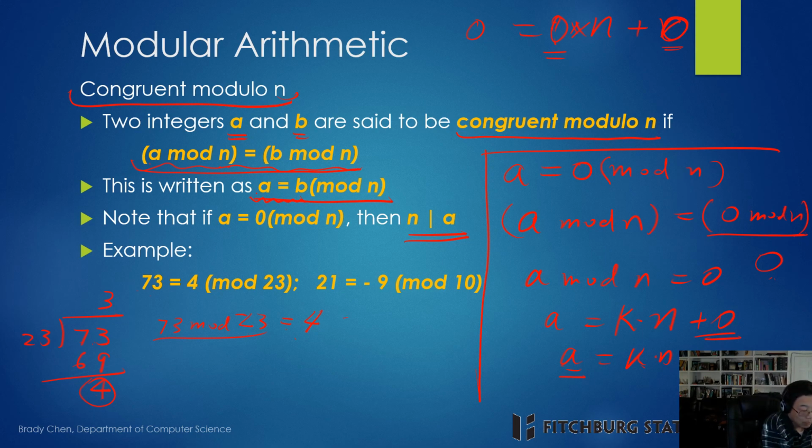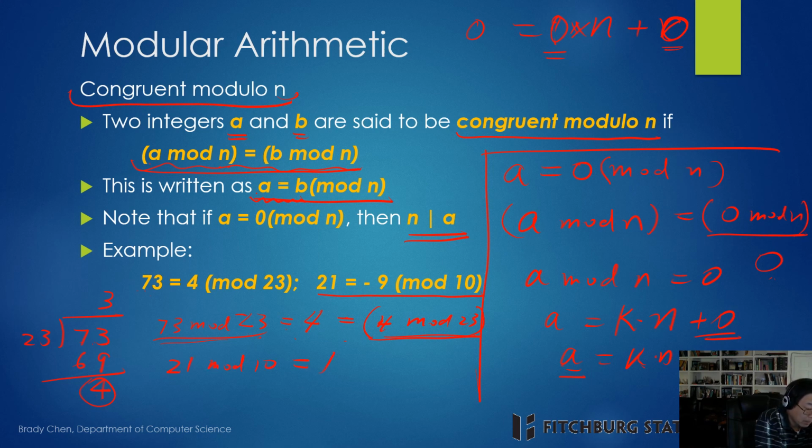Now, what is this 4? 4 is actually 4 mod 23. So 73 mod 23 equals 4 mod 23. That basically means 73 is congruent with 4 mod 23. Now, similarly, we can do this. 21 mod 10, what is this?